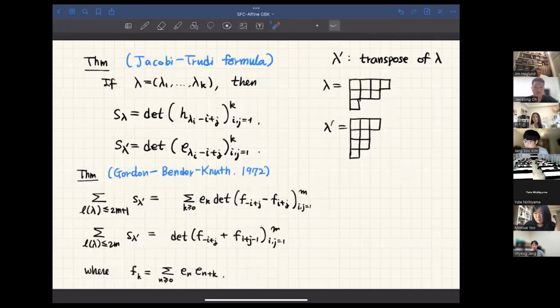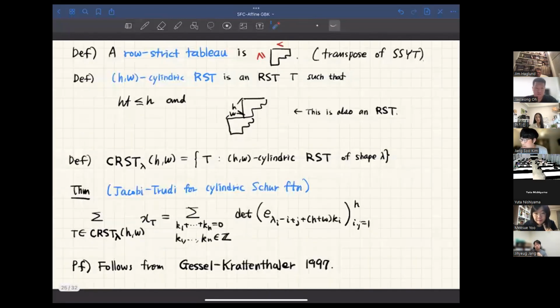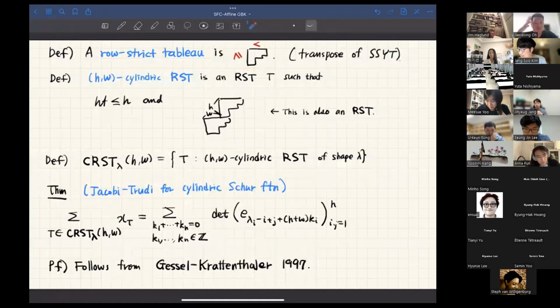Okay, now we're going to find an affine version of this theorem. That will give us the results that I told you. And to do this, it's more convenient to use row-strict tableau. I already mentioned this. And cylindric row-strict tableau can be defined exactly the same way. Row-strict, but we shift down by h and to the left by w.